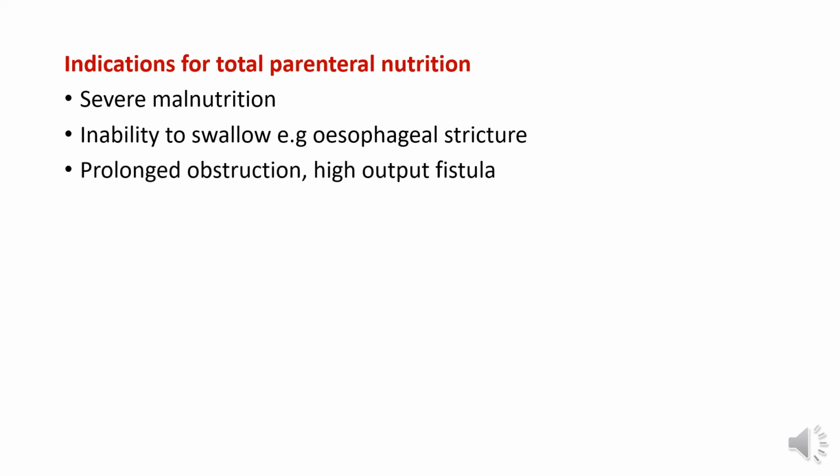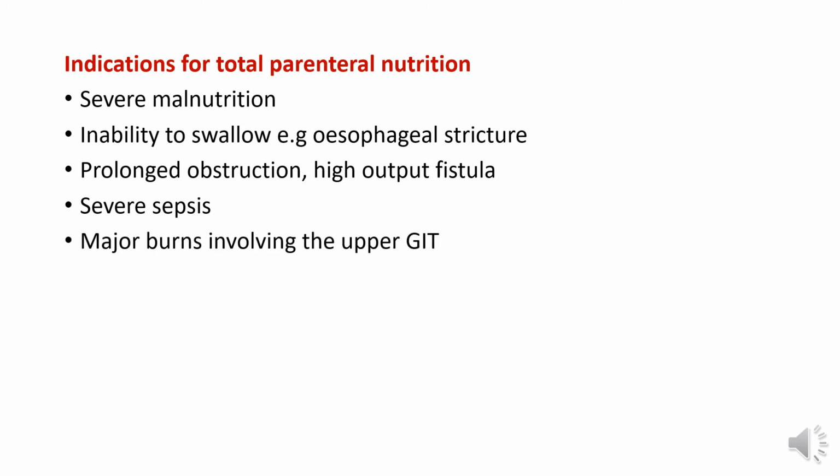Then prolonged obstruction or high output fistula, to rapidly correct any form of nutritional deficiency that may be present. Then severe sepsis. In severe sepsis, you will want to institute total parenteral nutrition to rapidly give the patient nutrients, and alongside you are giving the patient intravenous antibiotics to rapidly combat the sepsis and promote recovery. Major burns involving the upper GI tract.